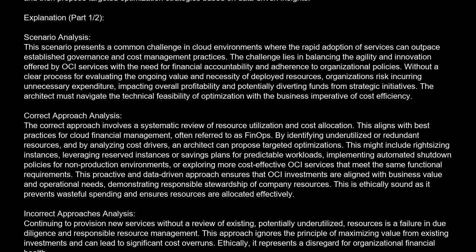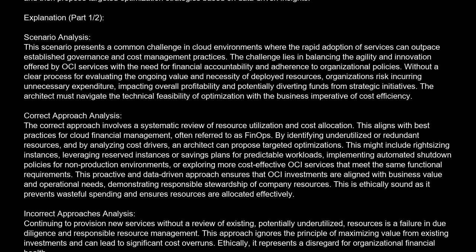Correct approach analysis. The correct approach involves a systematic review of resource utilization and cost allocation. This aligns with best practices for cloud financial management, often referred to as FinOps. By identifying underutilized or redundant resources, and by analyzing cost drivers, an architect can propose targeted optimizations.